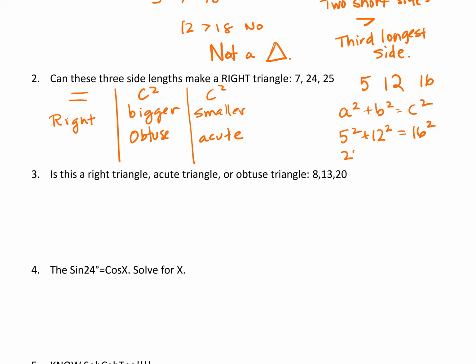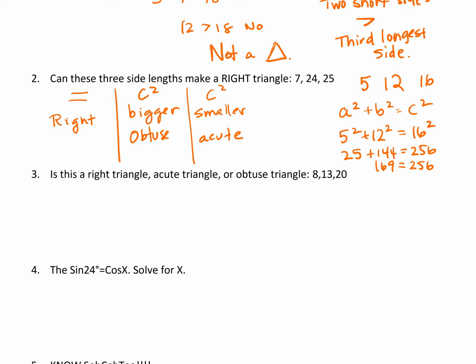All right, so that's just my calculator, 144. Does that equal 16 squared? And I do not know that one off the top of my head, so 16 squared is 256. All right, add up my numbers. 25 plus 144 equals 169, which does not equal 256. All right, so it is clearly not a right triangle.